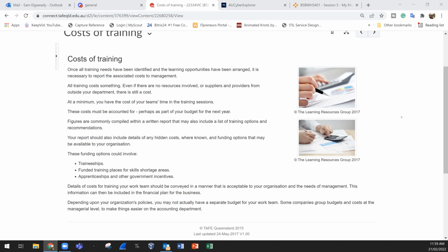So we can think about different methods of calculating the training costs. Of course, we can have some direct costs for the training, like, for example, stationery or material we use during the training.